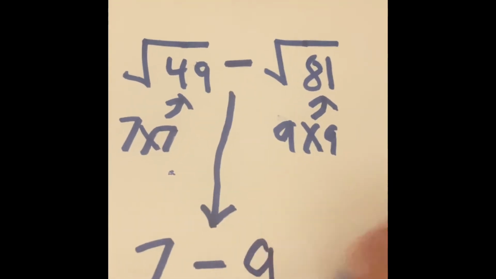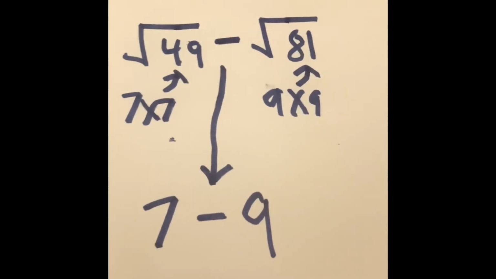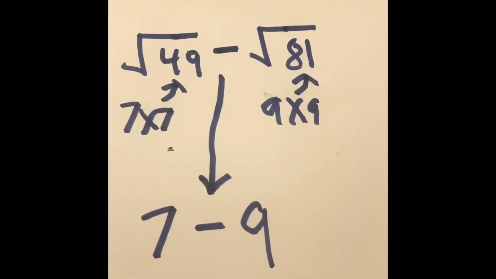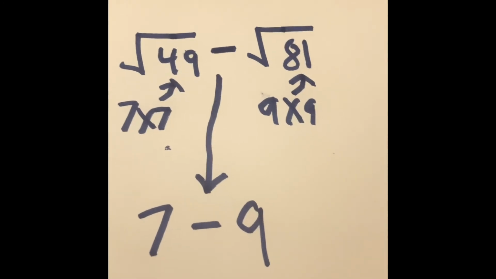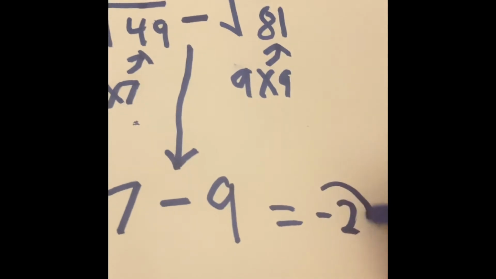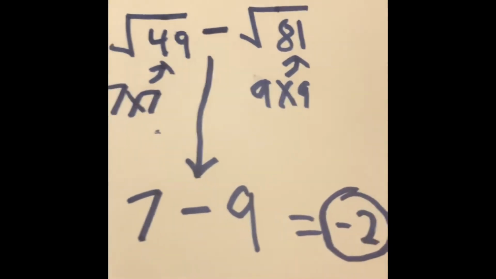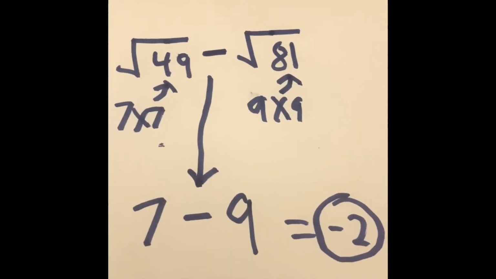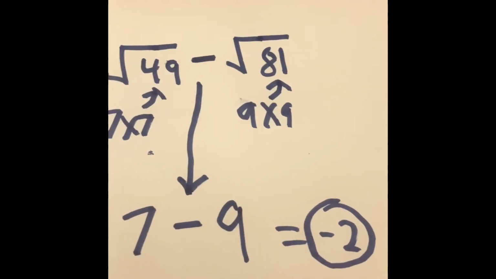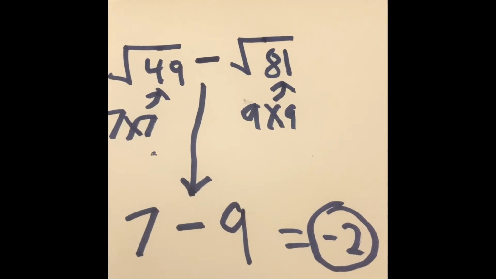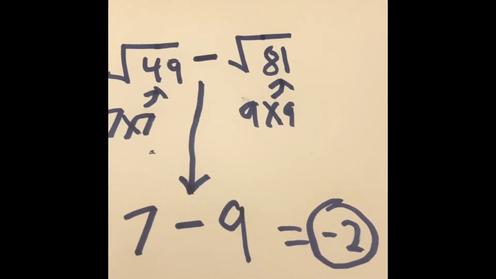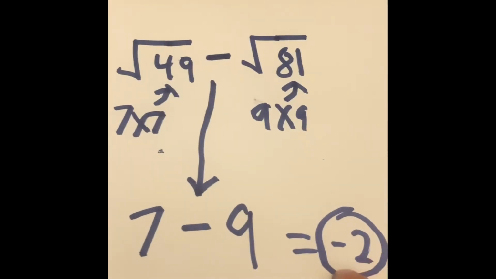So now we have an easy math equation, 7 minus 9. And when you subtract 9 from 7, you get an answer of negative 2. The third scenario is actually easier than you think, because you always want to ask yourself, is this a perfect square? If yes, then you take the express elevator to your answer.